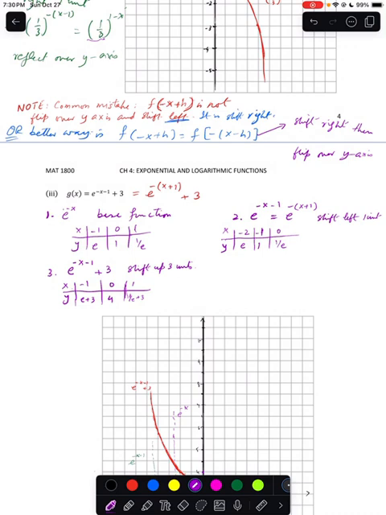So it means shift left 1 unit. That gave me the points, and then the next was just the shift up 3 units. So I got this final answer, and there is my graph.